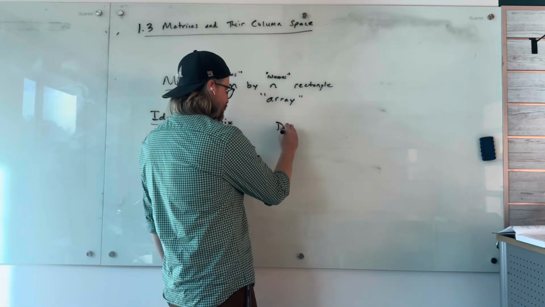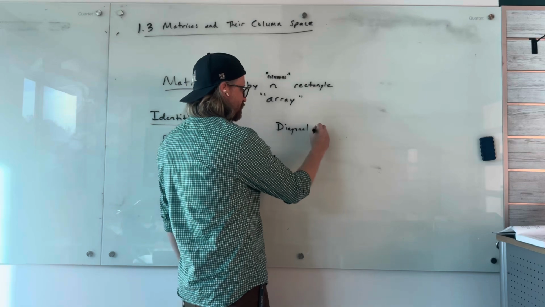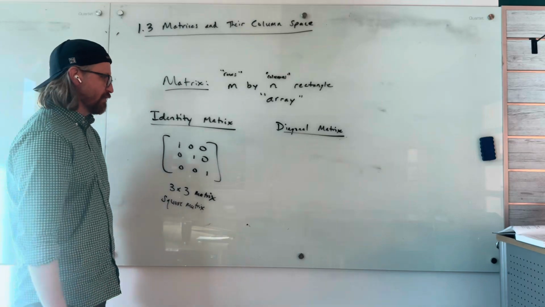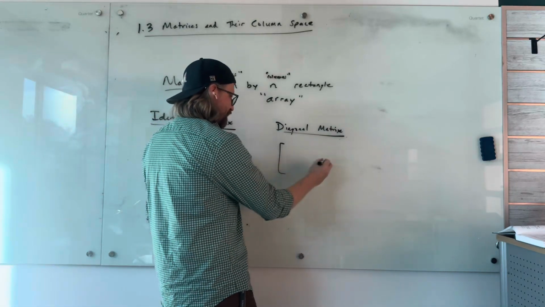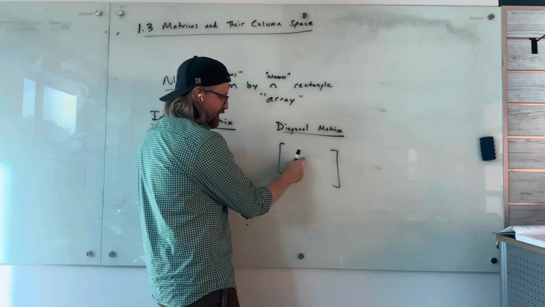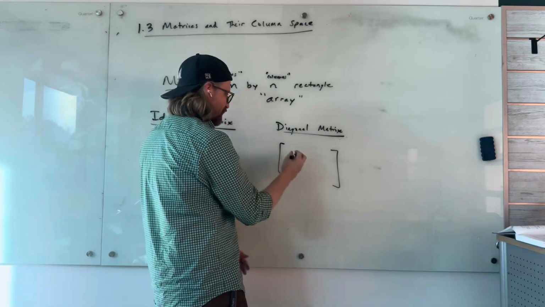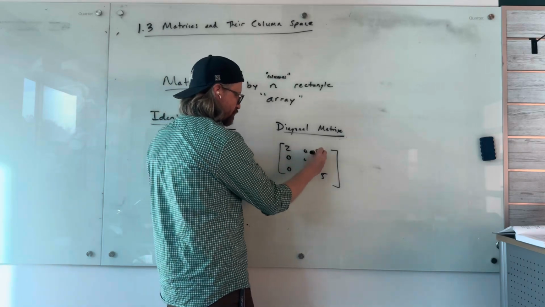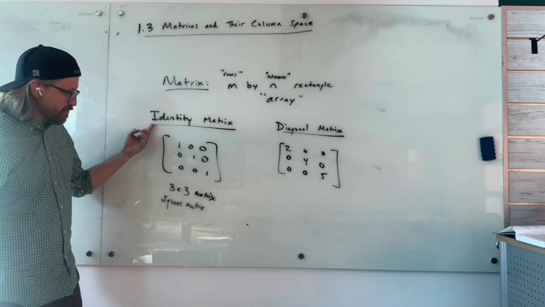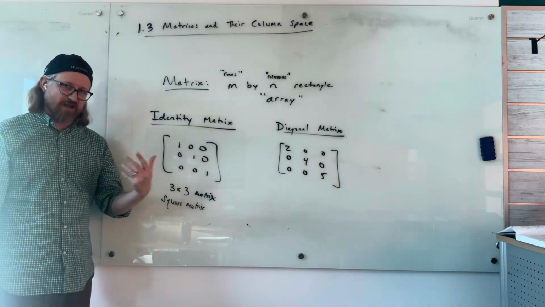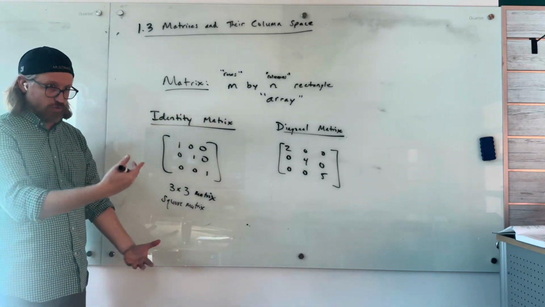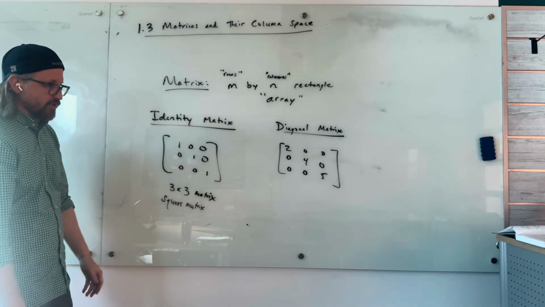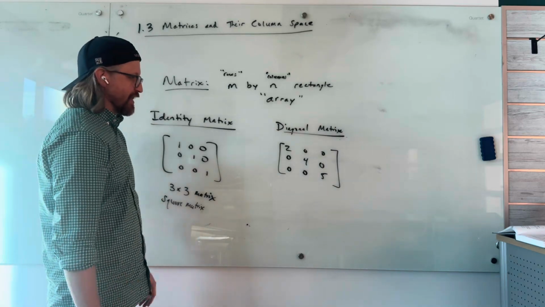There is what's referred to as a diagonal matrix, where, as you can imagine, if I have a square matrix, I might only have numbers along the main diagonal, so something like 2, 4, and 5, and all of the other entries are 0. You'll notice the identity matrix is a diagonal matrix, but every entry along the diagonal is 1. If it's not 1 along the main diagonal but other numbers, we call that a diagonal matrix.